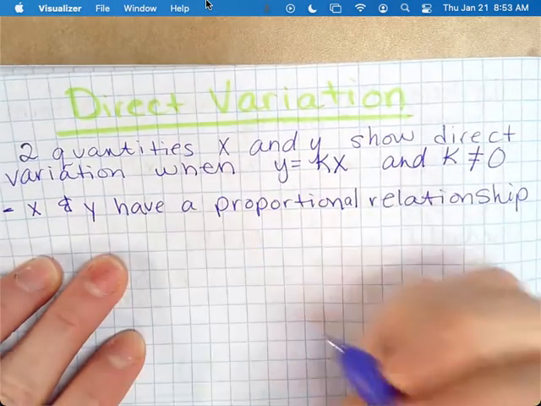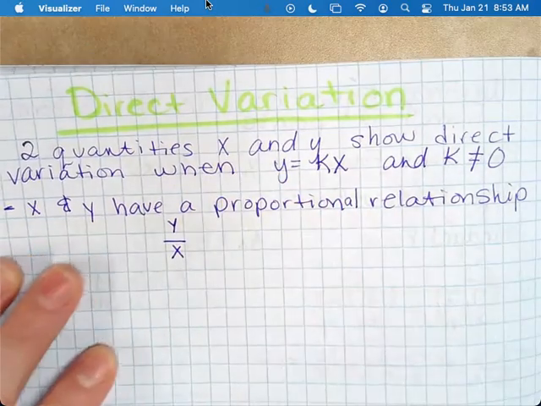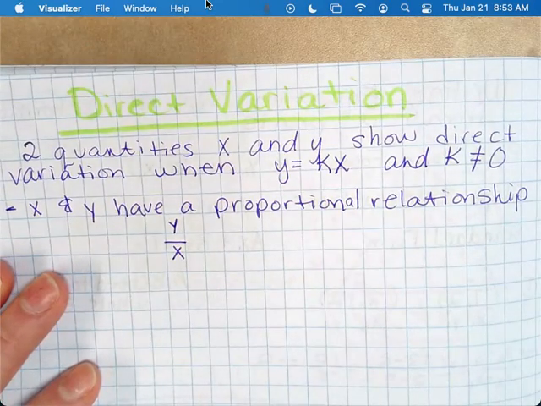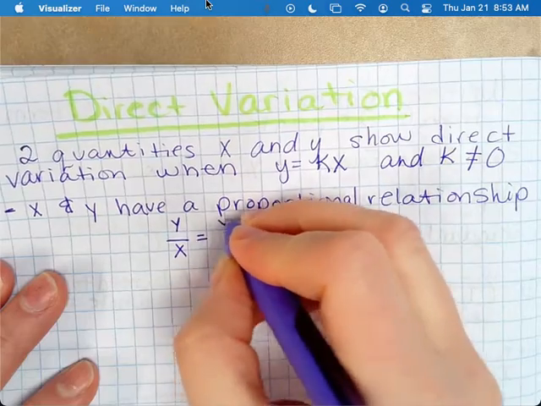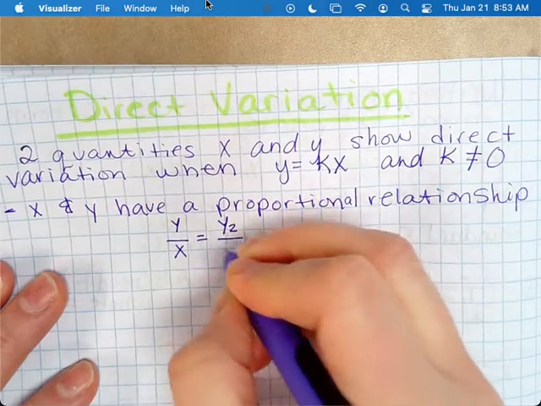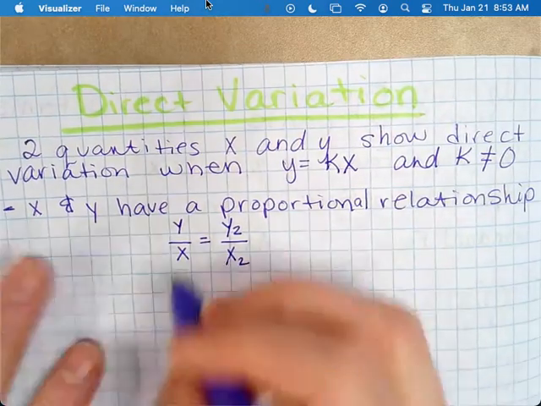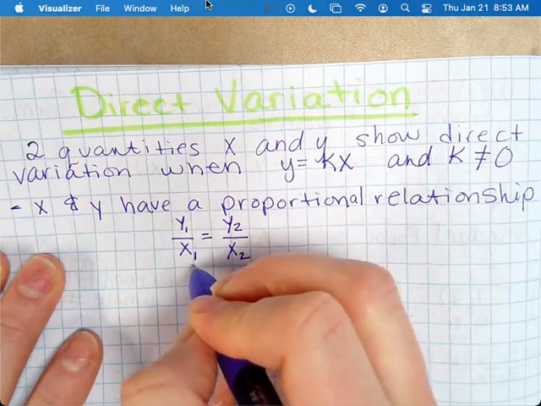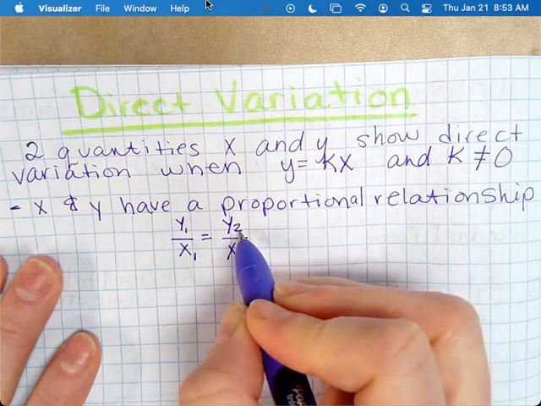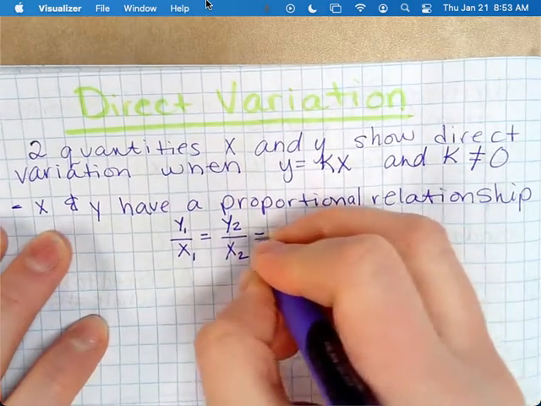So we are going to write it as y over x. That will be our proportion. So that's a ratio, but to set up a proportion, we would have two ratios that are set equal. So let's say it's another y, like y2 over x2. If I were to divide y1 over x1, and then divide y2 over x2, I would get the same thing. And that's k.